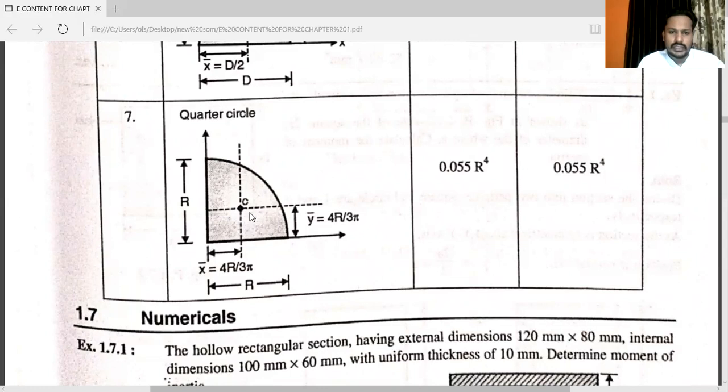And again, the vertical distance is also 4r upon 3 pi. So x bar and y bar is 4r upon 3 pi. The formula will be 0.055 r raised to 4. That is the formula for Ixx of a quarter circle. And the similar formula for Iyy is equal to 0.055 into r raised to 4.